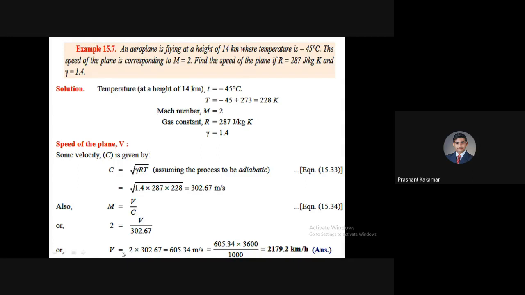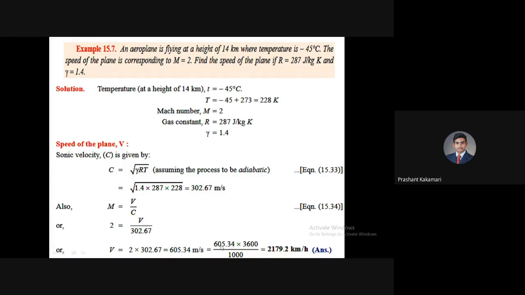So now I can tell the velocity of the body or the speed of the body is 605.34 meter per second, maybe as a vector quantity. And the other thing I can find out is in kilometer per hour if you want. In the solution you can keep meter per second as it is, or you can write in kilometer per hour also.